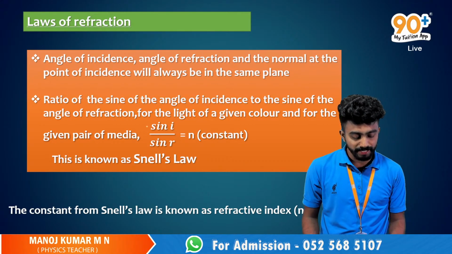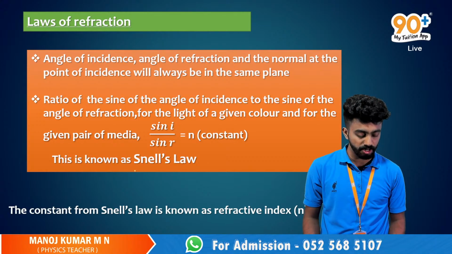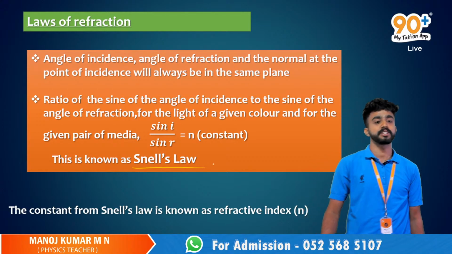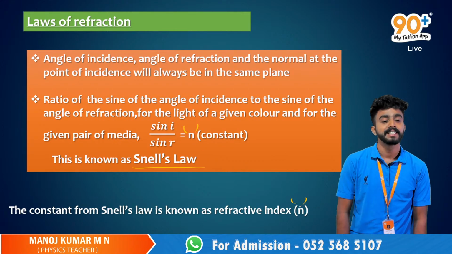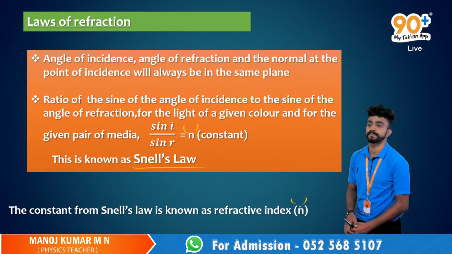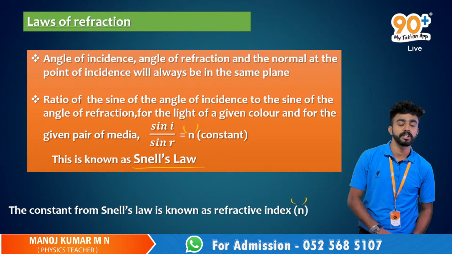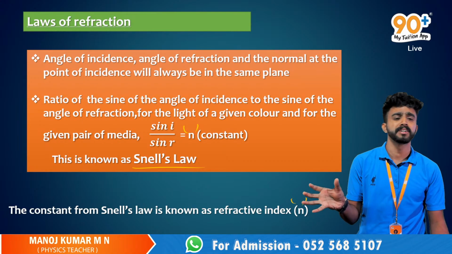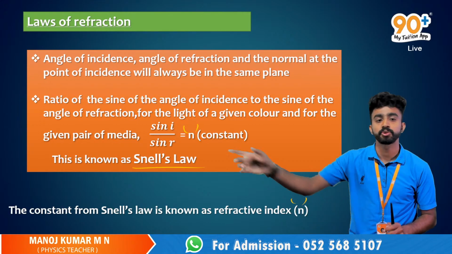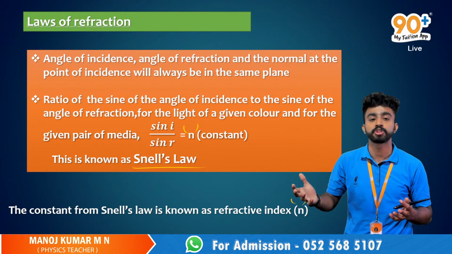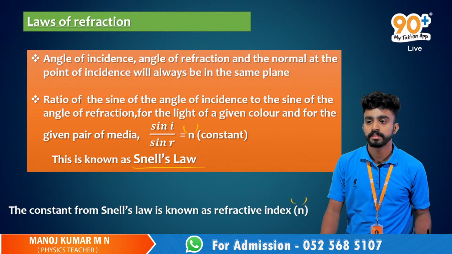So this ratio of sin i by sin r is known as Snell's law. Based on this law, we are getting a constant, and that constant n is termed as the refractive index. Fine, note this down. You just have to remember that this ratio of sin i and sin r will give refractive index.